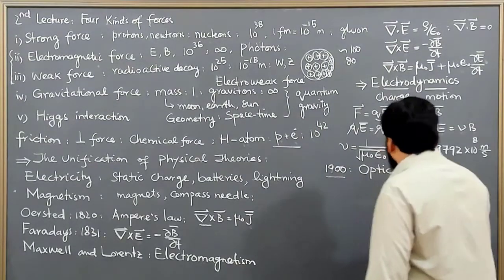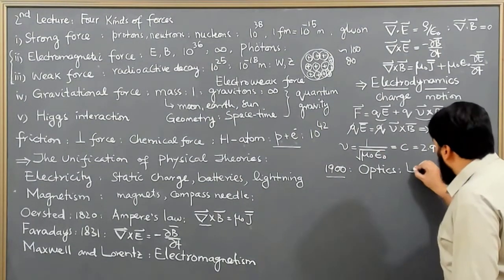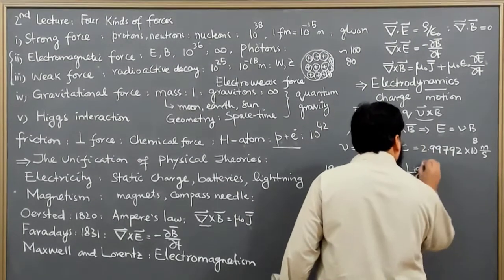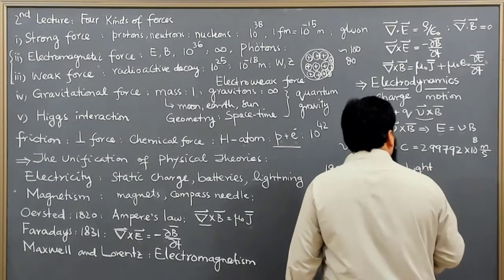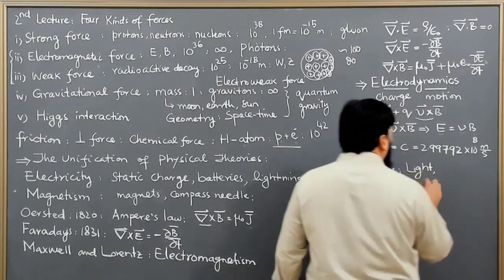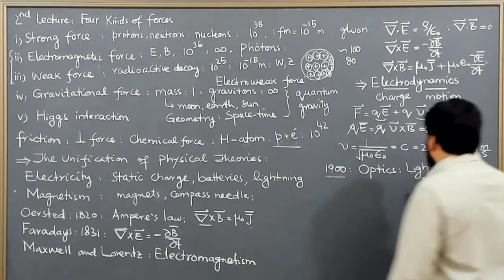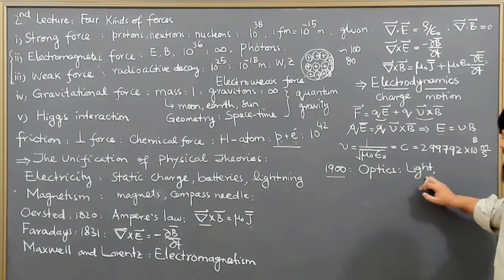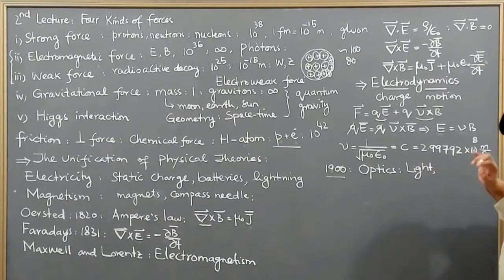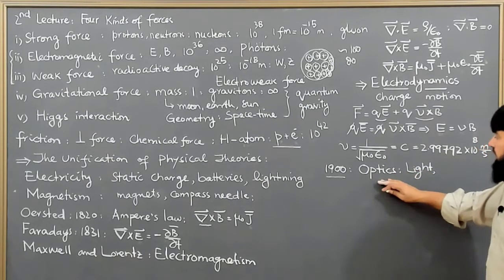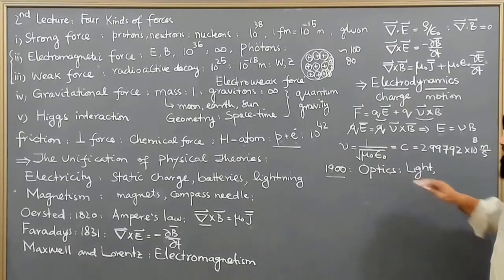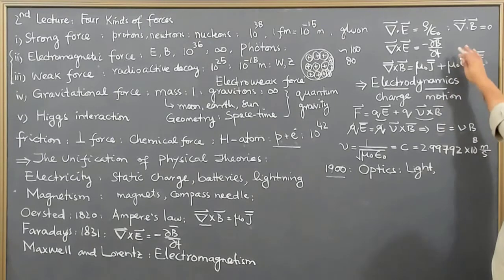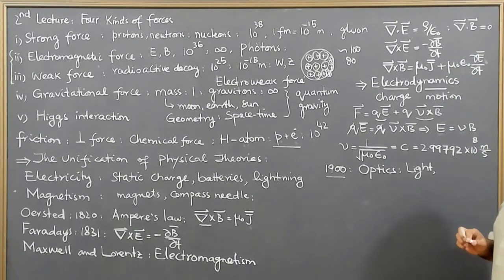We are calling light, and the phenomena which are associated with light, for example refraction, reflection, transmission, diffraction, interference, all those phenomena were explained with the help of the set of Maxwell equations.